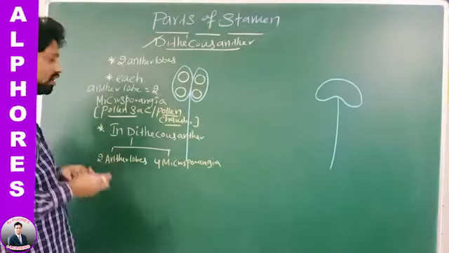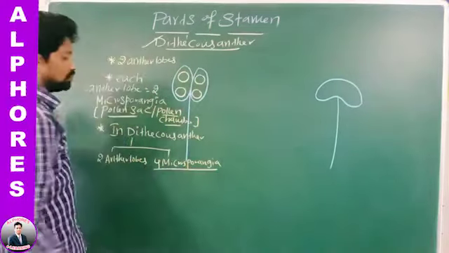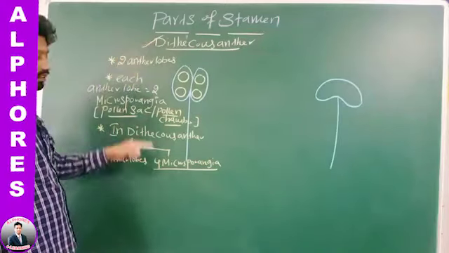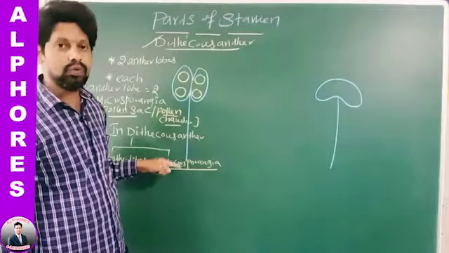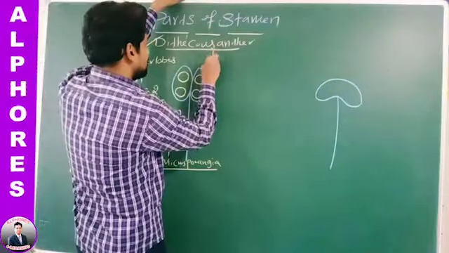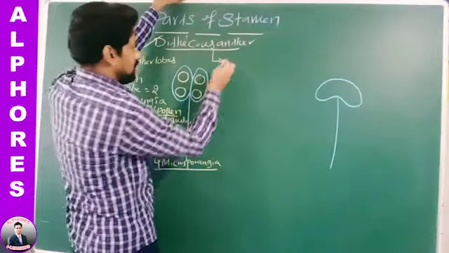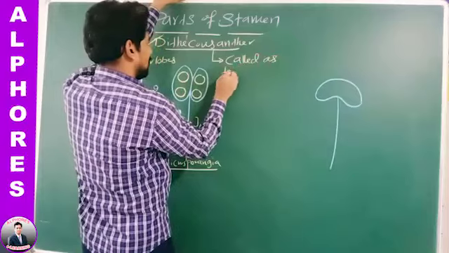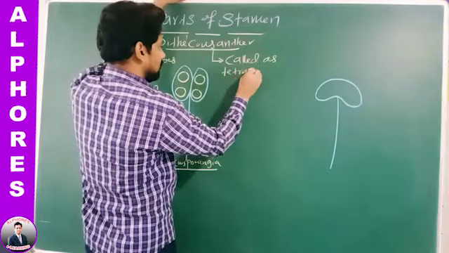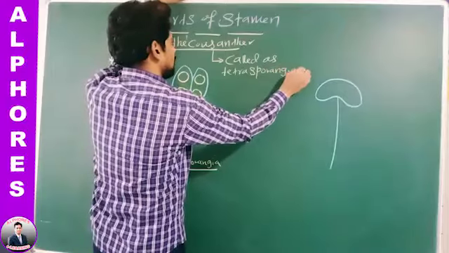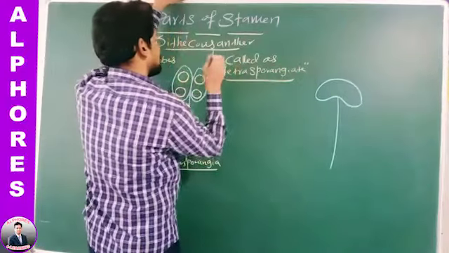Yes or no? As four microsporangia are present, the dithecous anther is called tetrasporangiate. Who is tetrasporangiate? Dithecous anther. Why is it called tetrasporangiate?